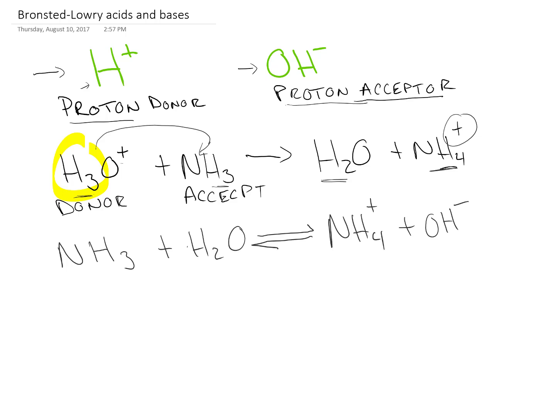Okay, so what's gone on here? I have NH3 on this side and NH4 on this side. So I am gaining, so I'm an acceptor. I'm accepting. And over here, I'm going from H2O to OH, so I'm losing. So I'm a donor. So that means this is my acid, and this is my base.